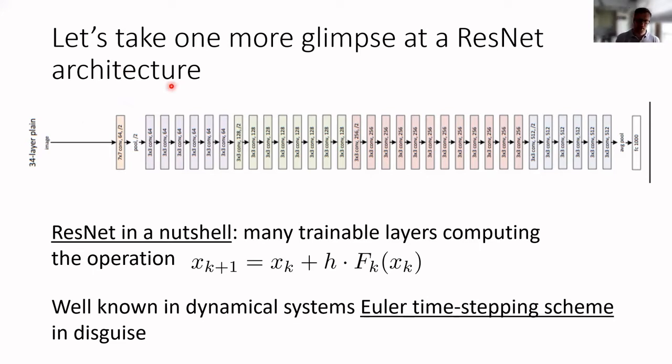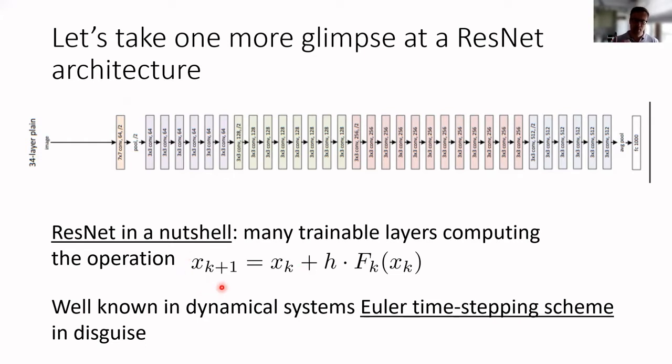So the computation is, imagine that your image is X, and X_k is the input propagated through the kth layer. So the algorithm goes like this. You compute many times the operation.